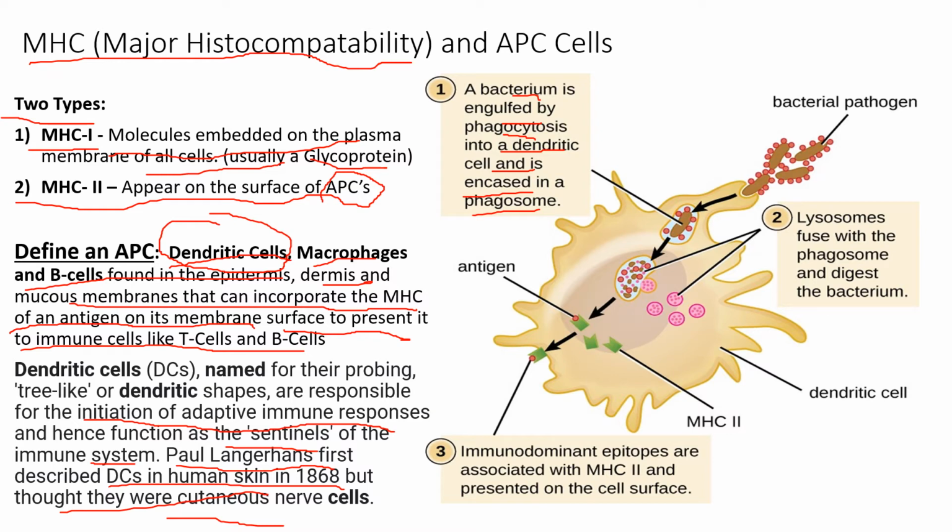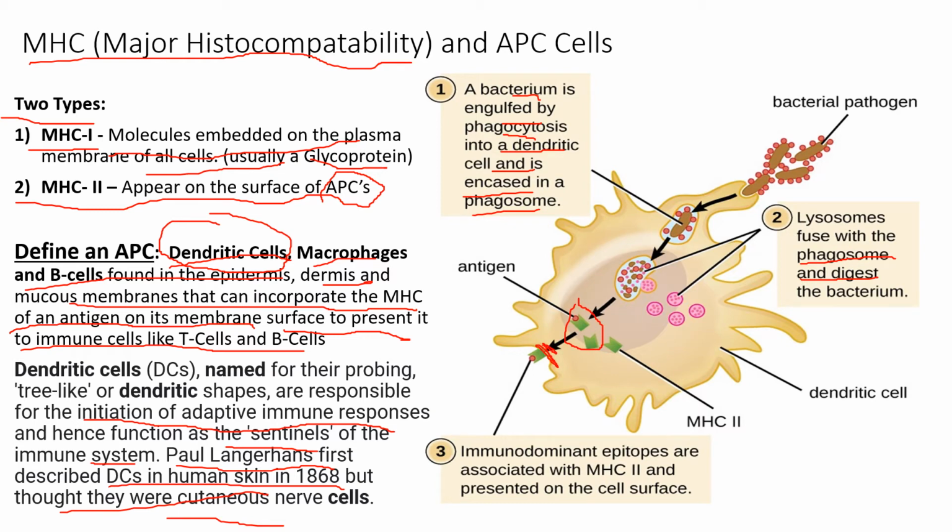So it brings it into the cell and it fuses with lysosomes and forms a phagosome, and it digests the bacteria, breaks it up into little tiny pieces. And now, as we talked about before, it's going to take these proteins and incorporate that exact shaped protein on its membrane.